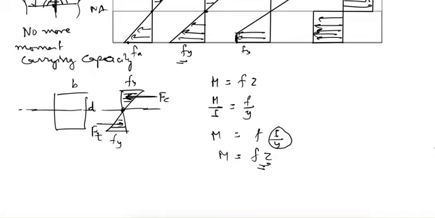So let's write the moment about this point, and that will be our actual moment at this point. So M, or ME for elastic, is equal to Fc into y1, if this distance here is y1, plus Ft into y2, where this distance is y2.